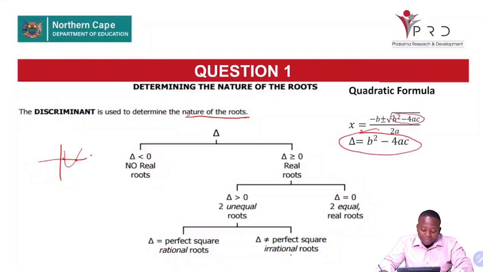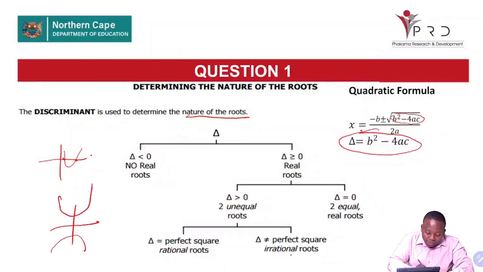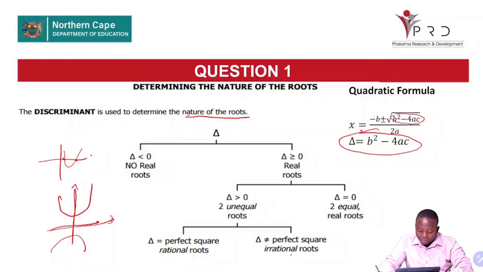When we're saying a certain graph or equation has roots, we are saying it has x-intercepts. If there's no root, it means the graph is just floating somewhere there, so we say it does not have any root. Now, we use the discriminant as it is given there. That means you are supposed to have an equation in standard form.